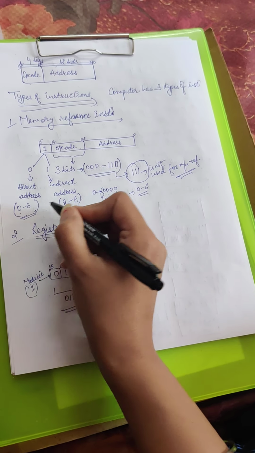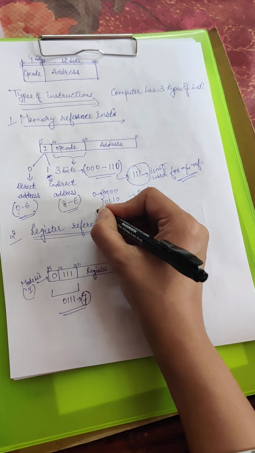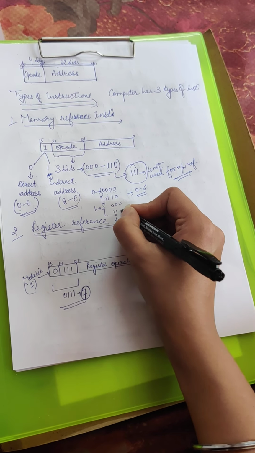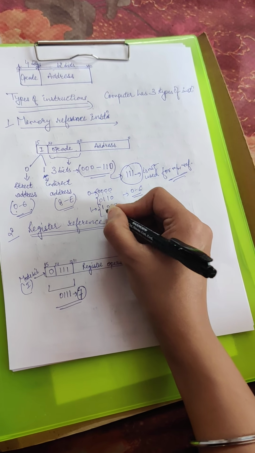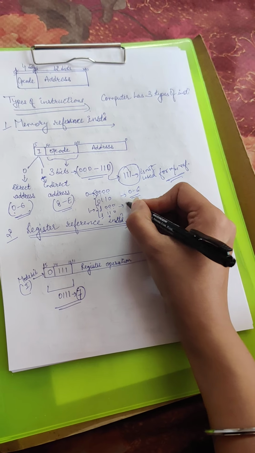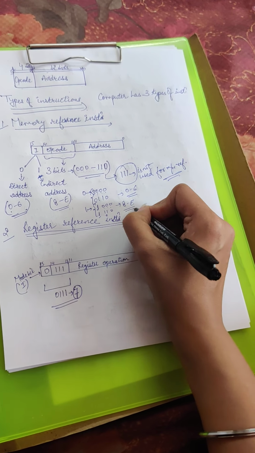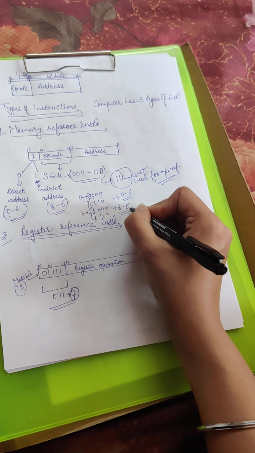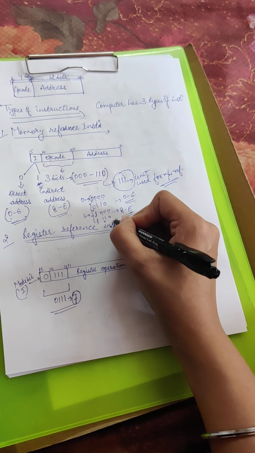And if we use 1 in front of these bits, it becomes 8 to E. That means 1000 is 8, 1110 is E, meaning 8 to 14.